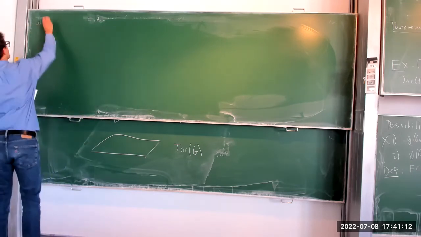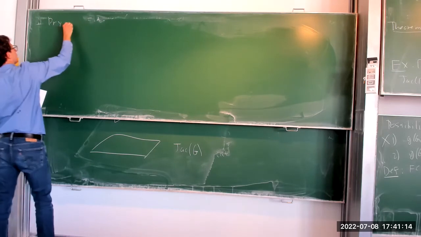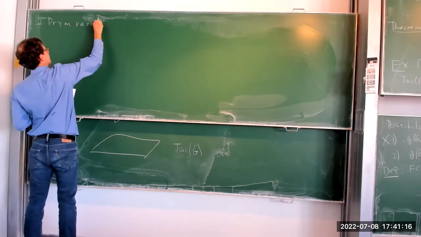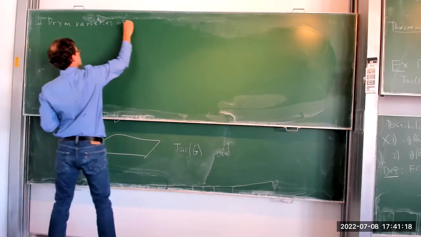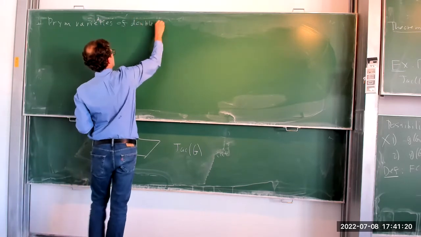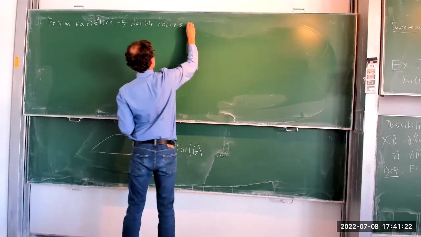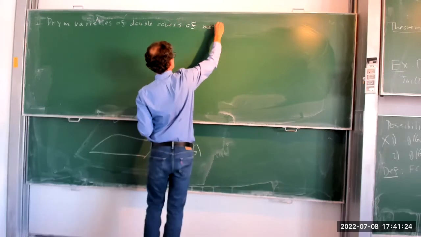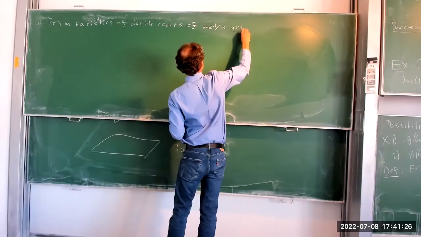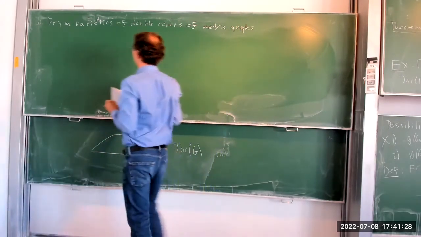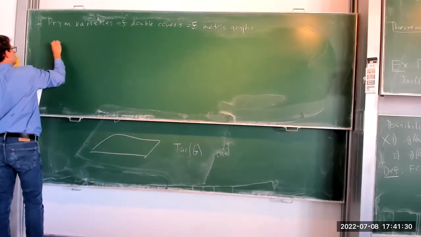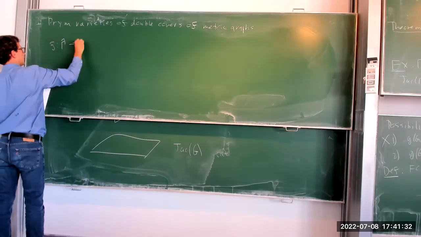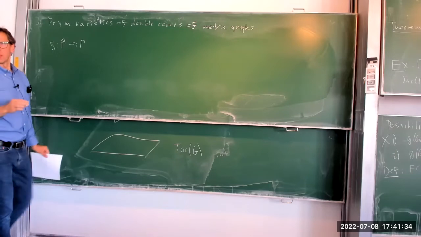So now I want to talk about, finally, Prym varieties of double covers of metric graphs. Again, I'm going to consider a double cover of a metric graph.